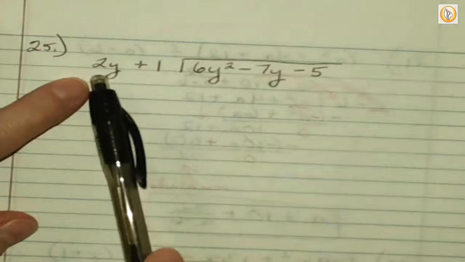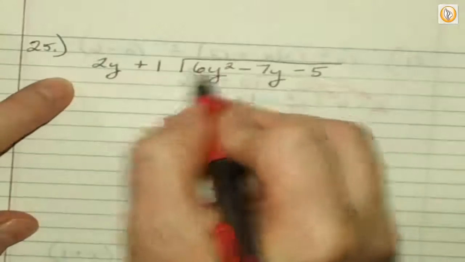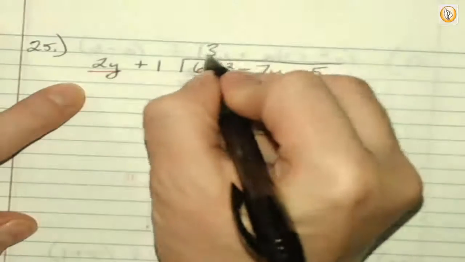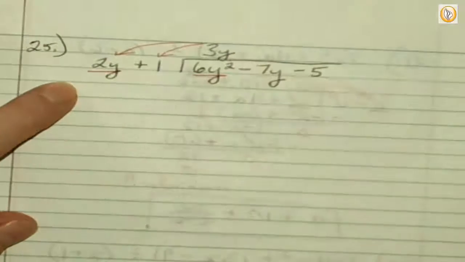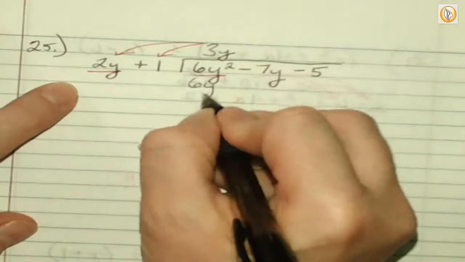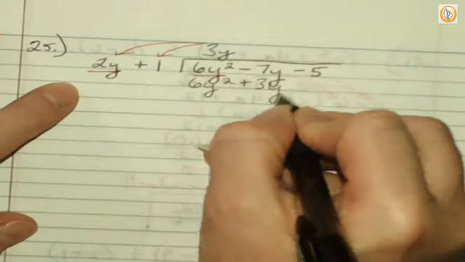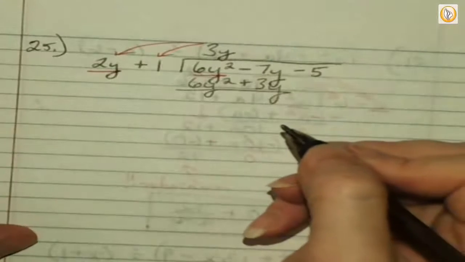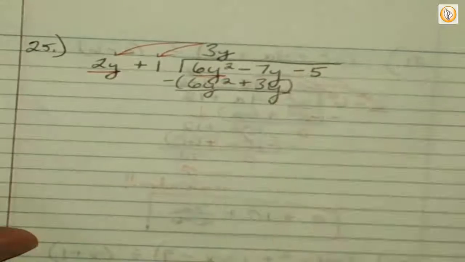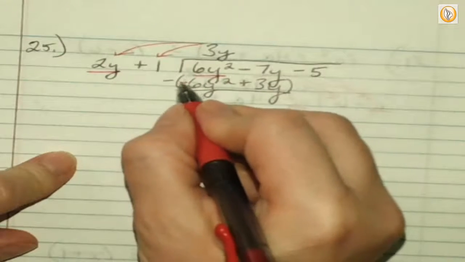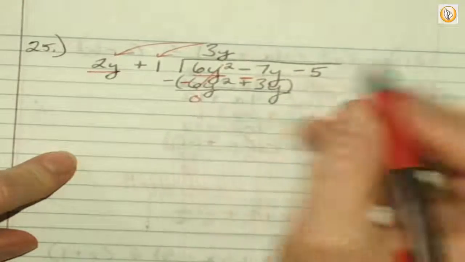Ariel, 6y squared divided by 2y. 3y. Yeah, go with your first one. 3y. Perfect. So then we multiply it by everything. I get 6y squared plus 3y. Now, Keith, what do I do? And this becomes good. And this becomes excellent. These cancel out.